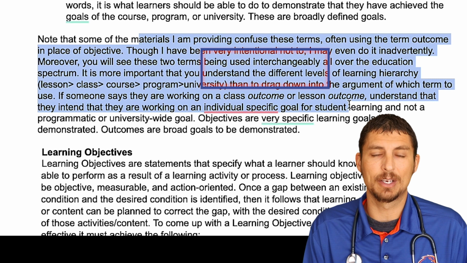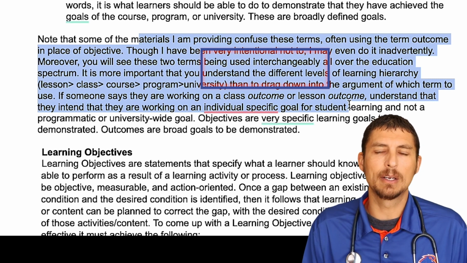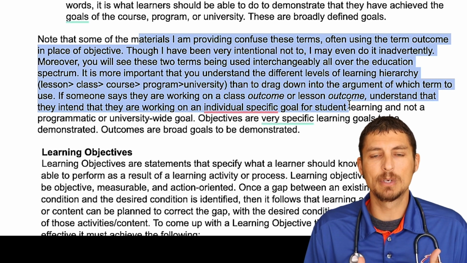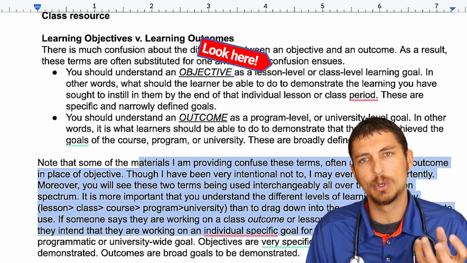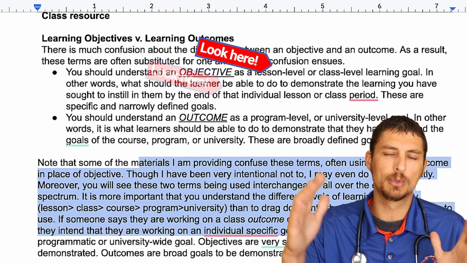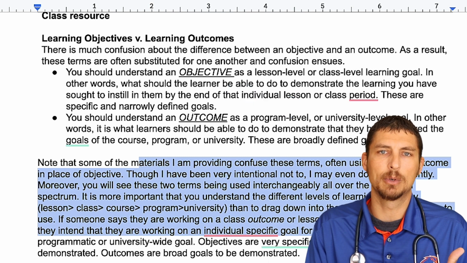And we'll see that in our next document, actually, in a resource that I provided you. So try to keep that straight in your mind. For the purpose of this class, remember the objectives that I'm using are for your course level or your lesson level, and the outcomes are those broader department, program, institutional level outcomes.